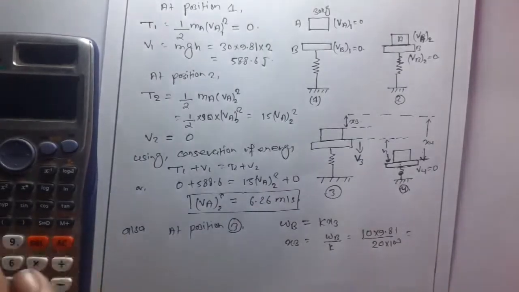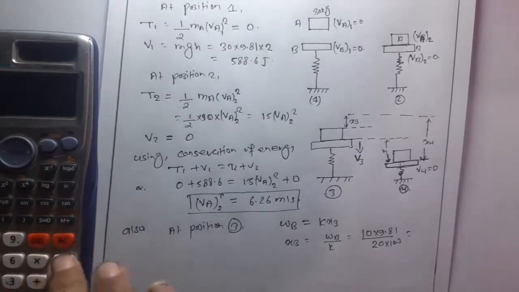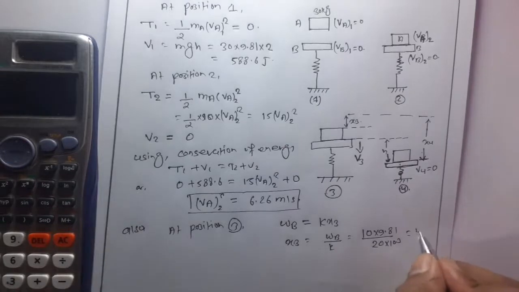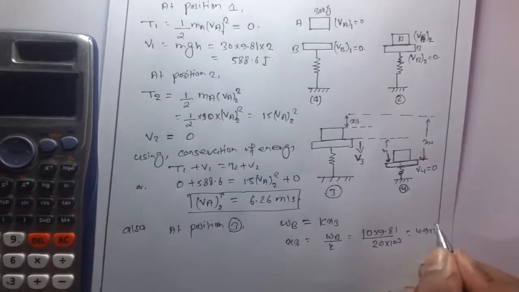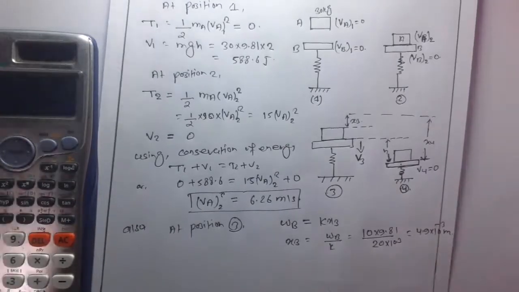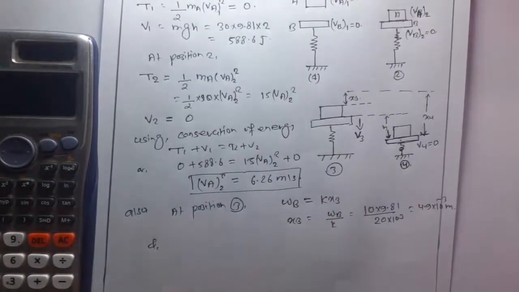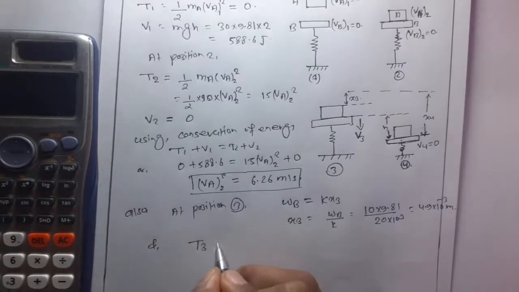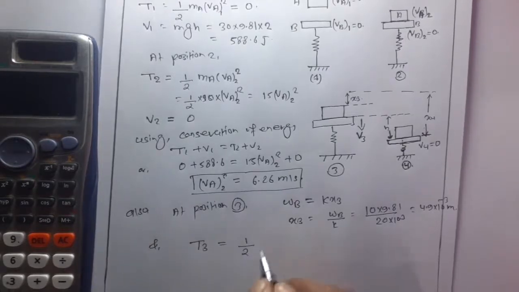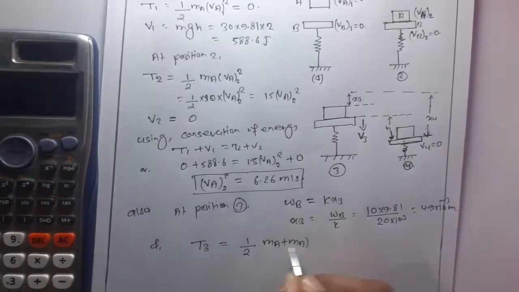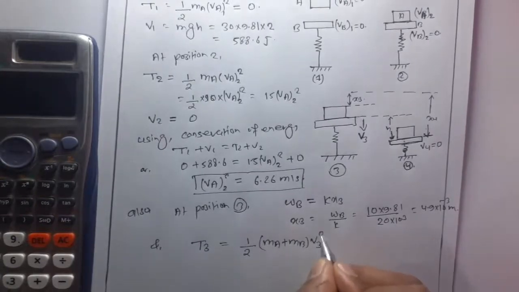So this is 98.1 divided by 20, which is 4.9 into 10 to the power minus 3 meter. And T3 is equal to 1 by 2 (MA plus MB) v3 square.